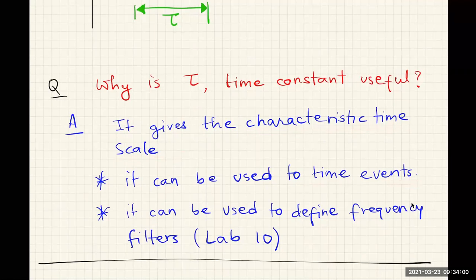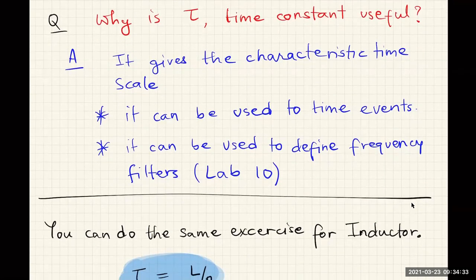By measuring the voltage, you can measure time, and we know very well how to measure voltages using oscilloscopes. So it allows us to time events quite accurately. The second is that by using this idea of the characteristic timescale, we can define different kinds of frequency filters. We will look at these in lab 10, but keep that in the back of your mind.